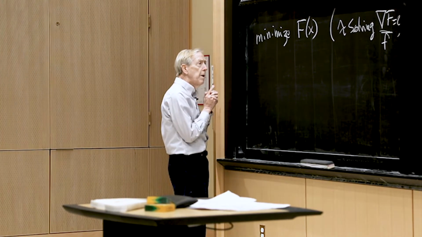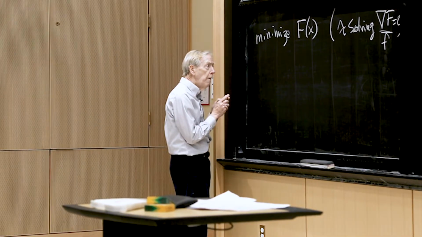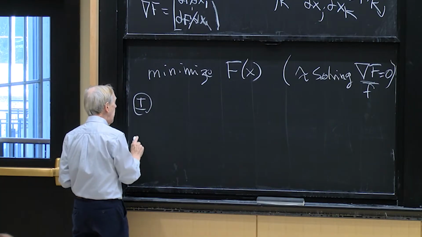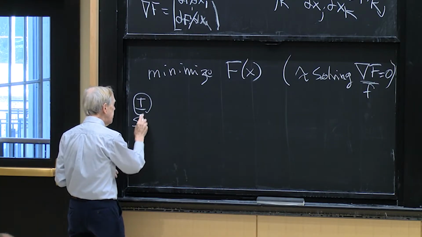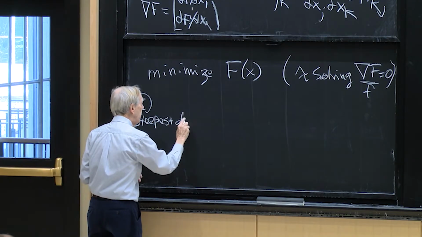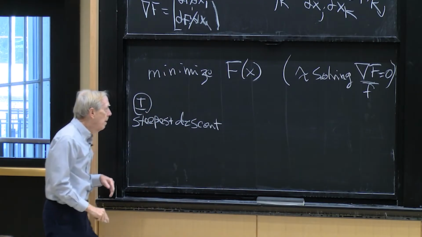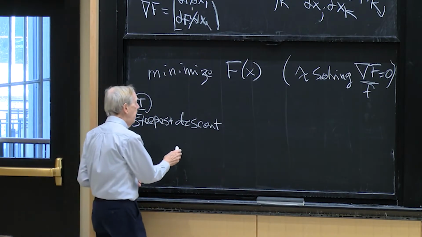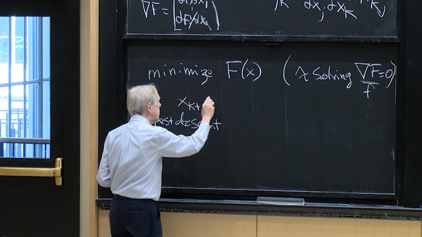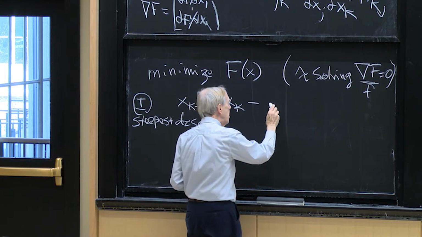So first I'll write down a method that does not involve them. So method 1, and this will be steepest descent. And what is that? That says that x_k+1, the new x, is the old x minus.